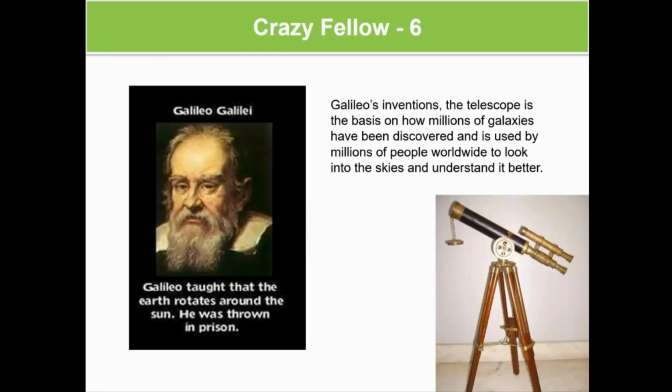Galileo Galilei is considered one of the greatest inventors and scientists of all time, who invented the telescope. People also called him crazy, and he was thrown in prison for saying that the Earth rotates around the sun. Again, he did not give up, although a lot of people were making fun of him or putting him in prison. He kept to his belief system.